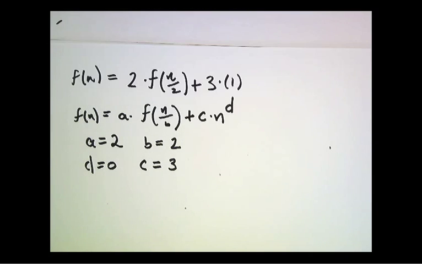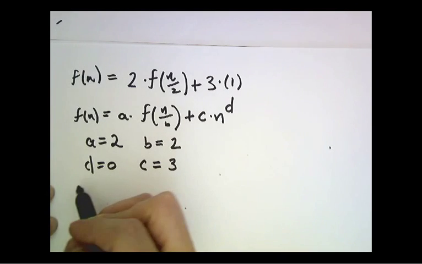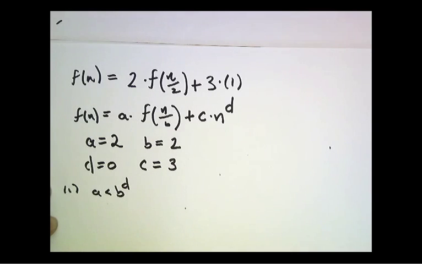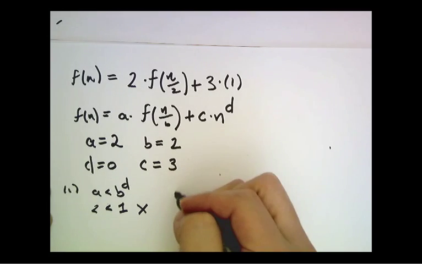Now we need to check our three cases and see which case we're in. So case 1 is a is less than b to the d. Are we in this case? Well, here a is 2, b is 2, and d is 0. So is 2 less than 1? No. So we're not in case 1.